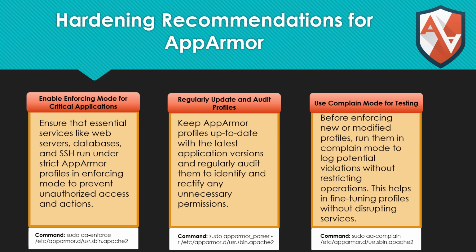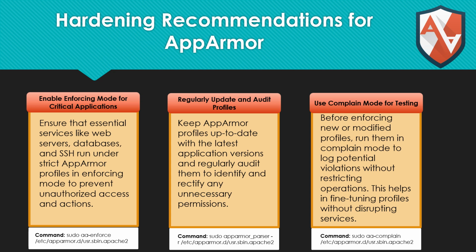We will now go over the 3 hardening recommendations for AppArmor. And below I have the commands listed which you can implement in order to activate these hardening recommendations. First, enabling enforcing mode for critical applications.